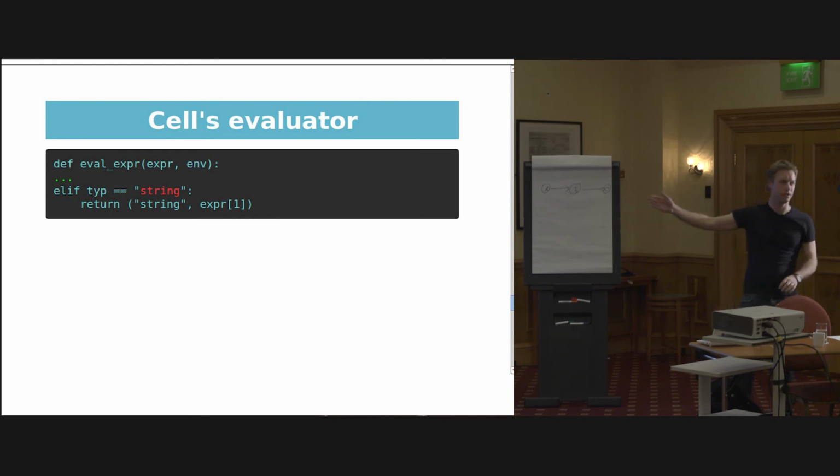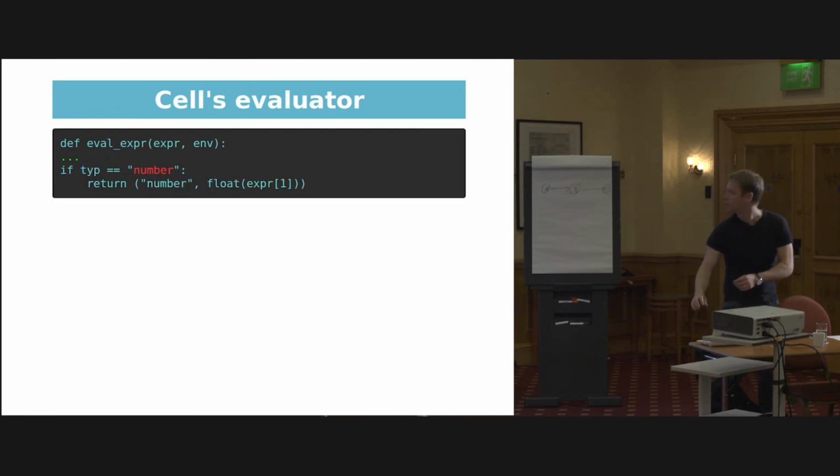Strings are really, really easy. Again, a syntax tree node of type string only has two elements in it. The first thing is the type, which is string, and the second thing is the contents of the string. So we can yield a value of type string. I should really say that what we're returning here is not a lexer token or a syntax tree node.